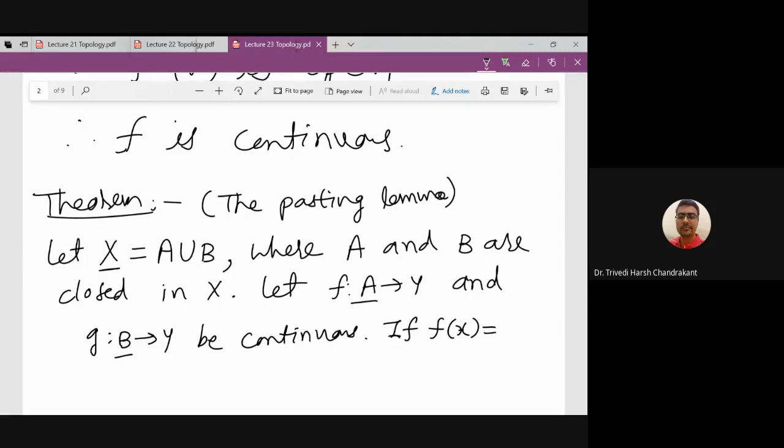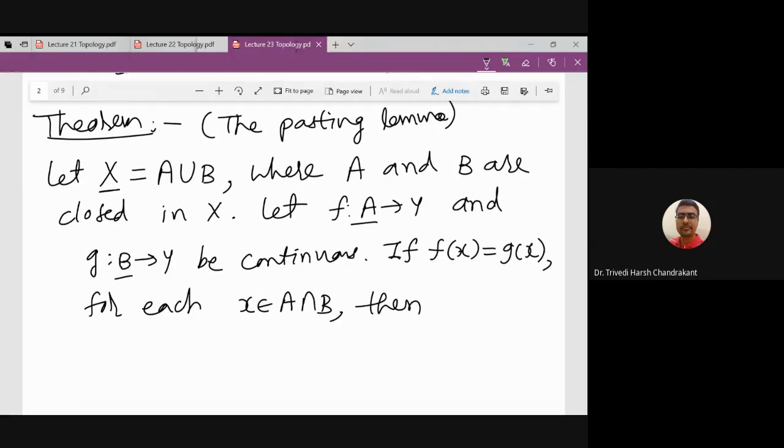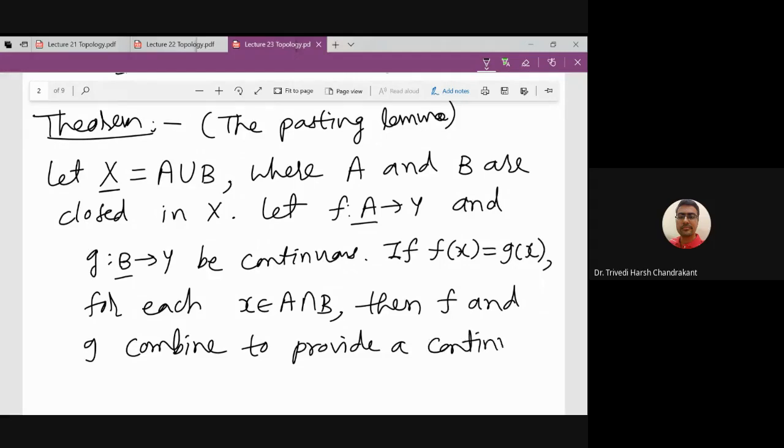If Fx equals Gx for each element x in the intersection, then F and G combine to provide a continuous function.